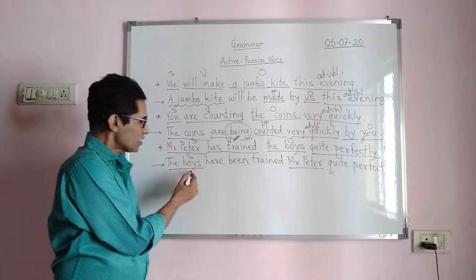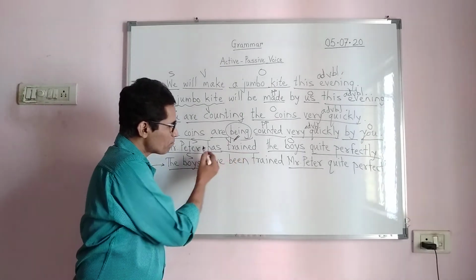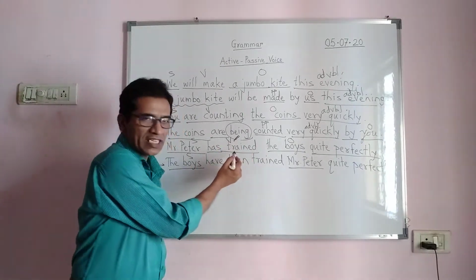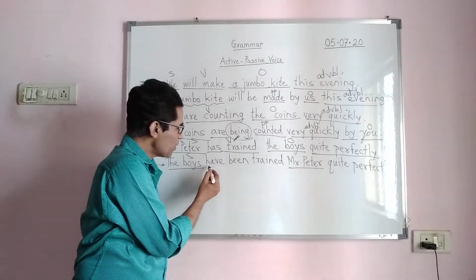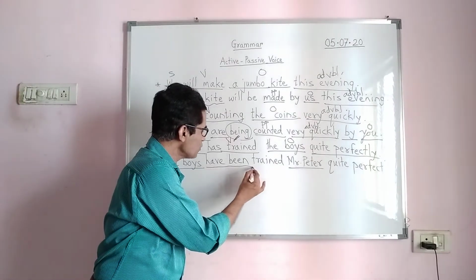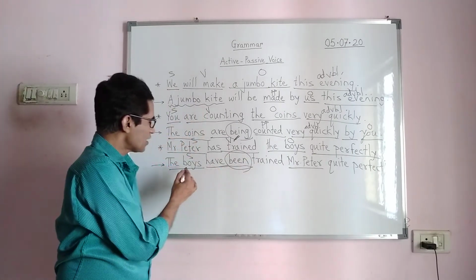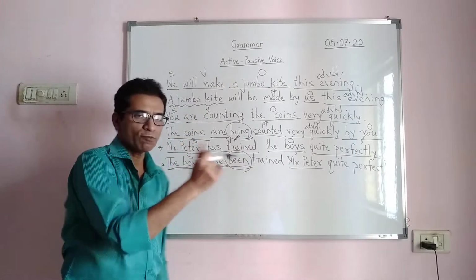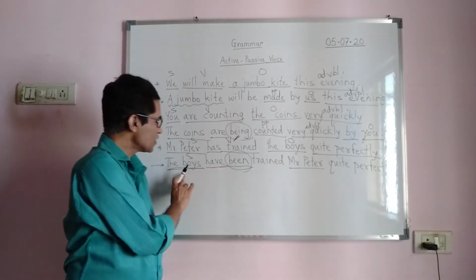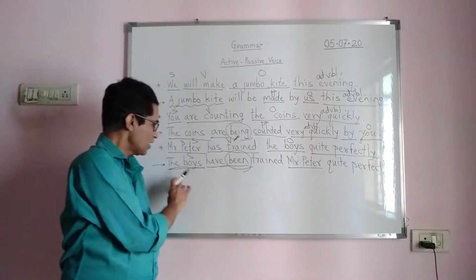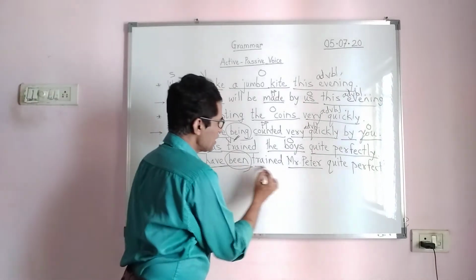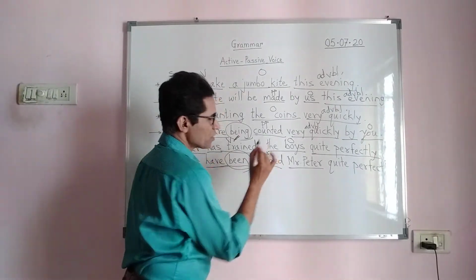And according to the tense, has trained shows that it is present perfect tense. That is why in the passive this is used, have been. According to the subject, boys is plural, that's why have been. If the subject is singular, you can use has instead of have. The boys have been trained. This is past participle.